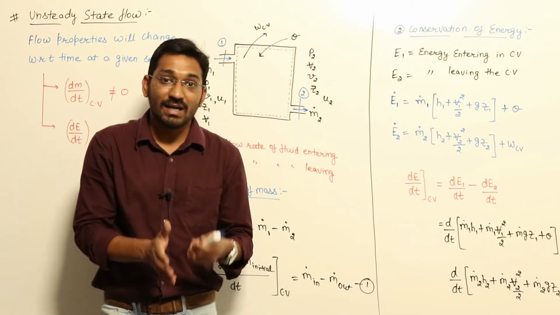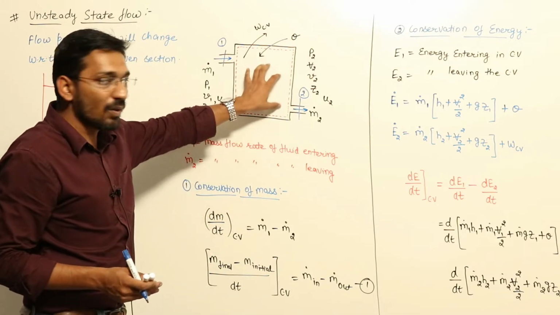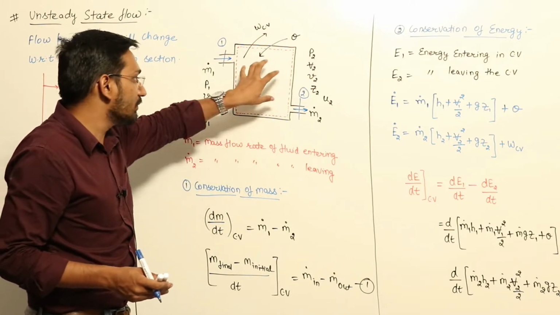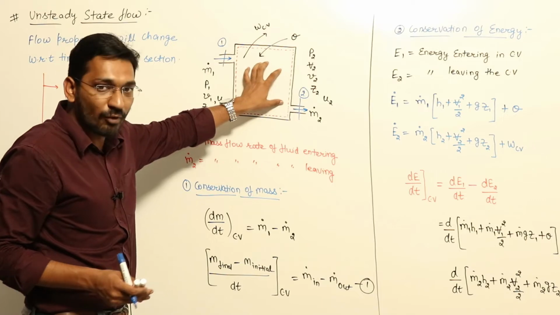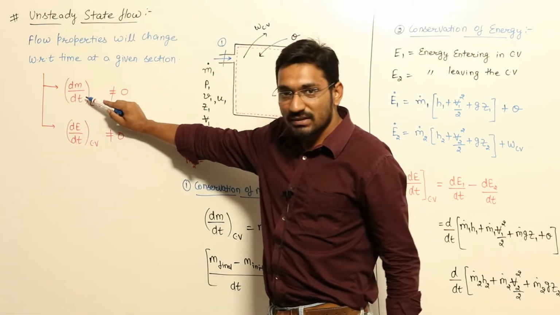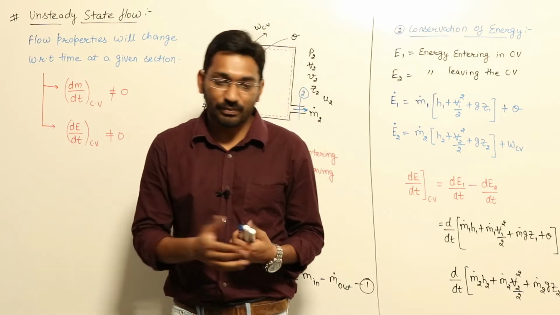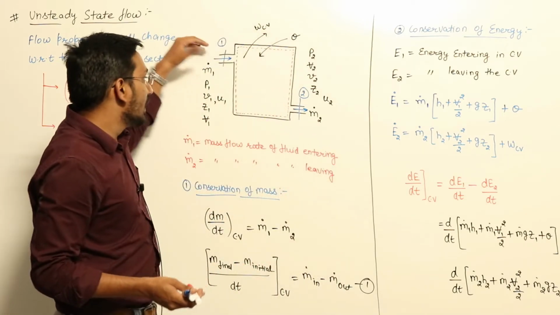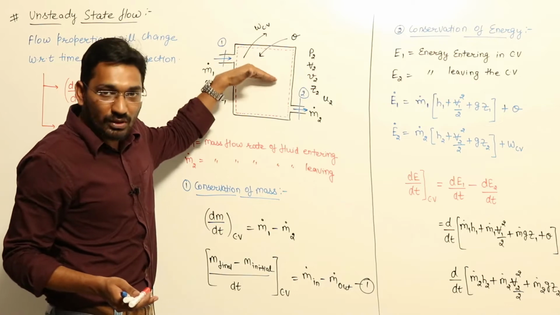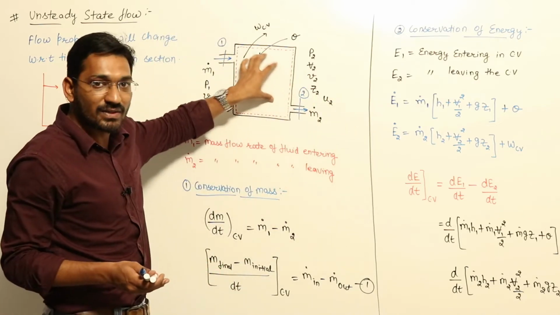If the flow is unsteady, some amount of change will happen in this control volume, or we can say that the rate of change of mass, dm/dt, of the control volume is not equal to 0. There may be a case where inlet mass is more and outlet mass is less, so some mass will remain in this system.